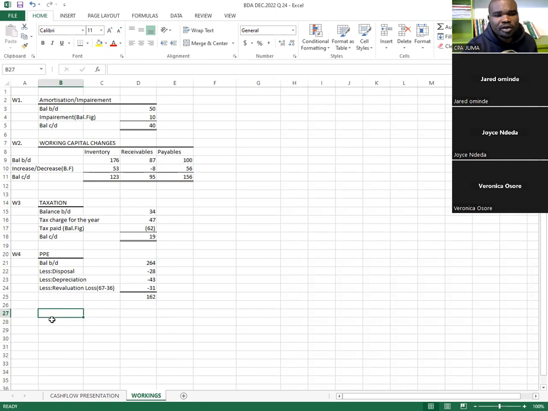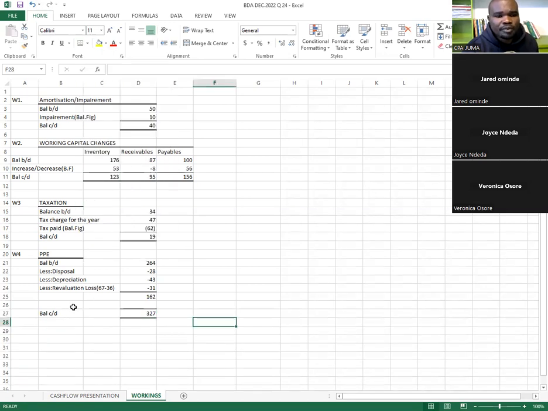But when you check the closing, according to the examiner, the balance carried down, PPE at the end, is 327. Therefore, these people acquired. There was acquisition, the balancing figure. Why has it increased?